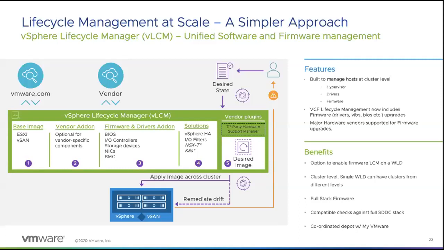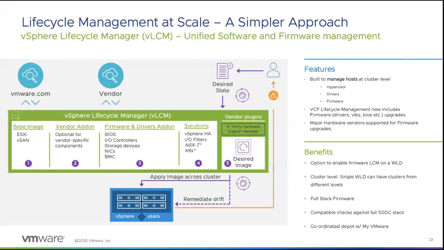The customer just installs this plugin into vCenter, and that's it. Then you have your end-to-end hardware and software upgrade, which was initially not the case, where you could only do software upgrades, and the hardware upgrades for anything vSAN, which was not VCF or VxRail, you had to do separately.